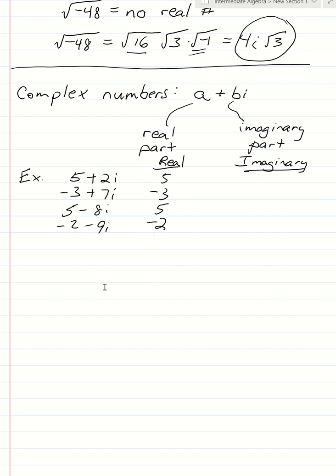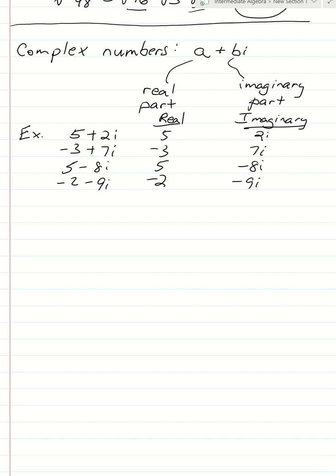The imaginary parts would be 2i, the 7i, the negative 8i, as well as the negative 9i. Those make up the imaginary parts of your complex numbers. So, like I said before, your complex number involves both a real part as well as an imaginary part.